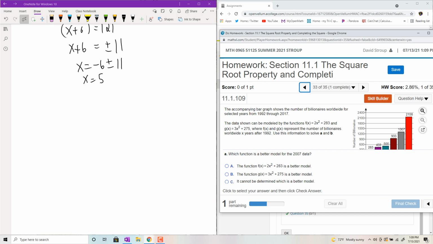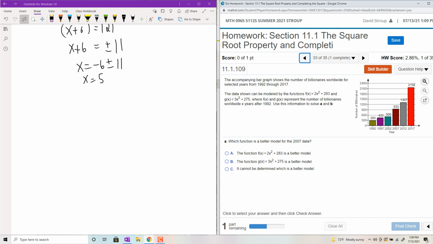So you're going to have to look at the 2007 data. In 2007, and we're saying x years after 1992, so I need to figure out how many years 2007 is after 1992. That would be 15 years. So x is 15.